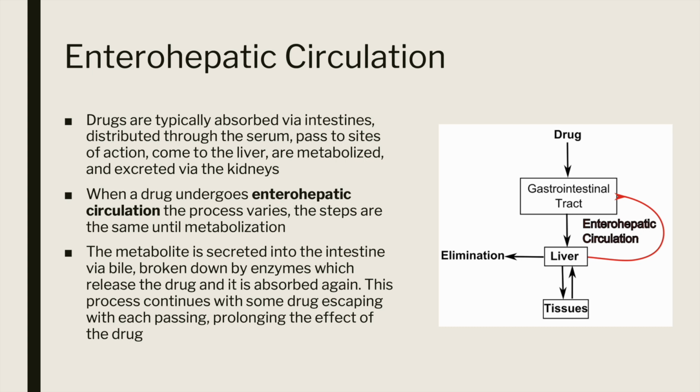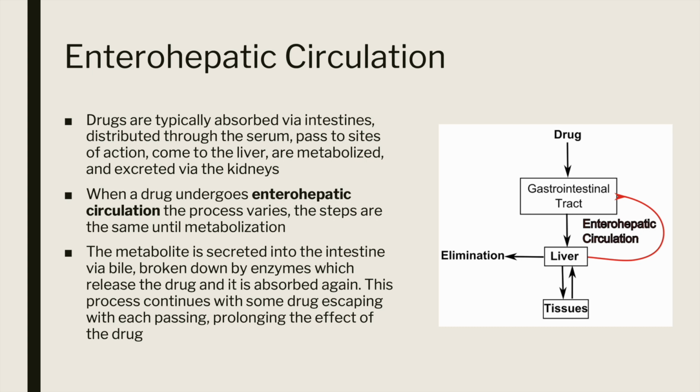All right. So now we're diving a little bit more into how drugs are circulated and absorbed and moved throughout the body. So enterohepatic circulation, let's talk about this. Drugs are typically absorbed in the intestines, and then they're distributed through the serum.